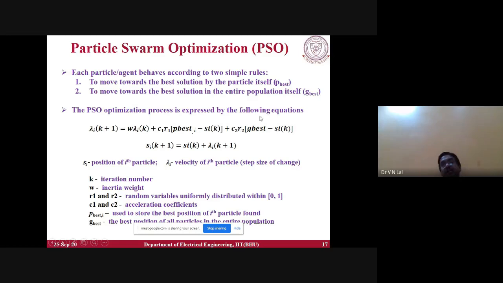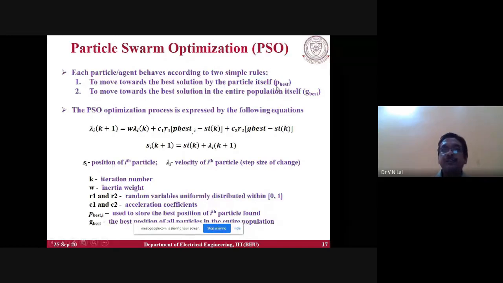Okay, so there are actually 2-3 points in PSO parameters. One is position, another is velocity. These two are the main parameters.